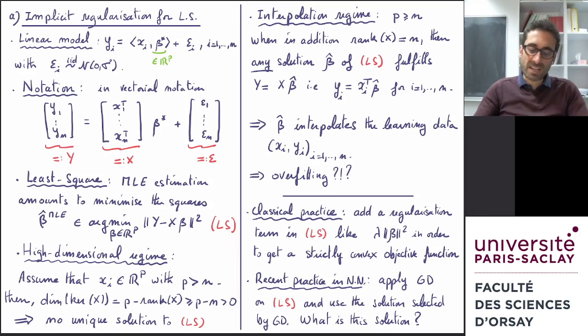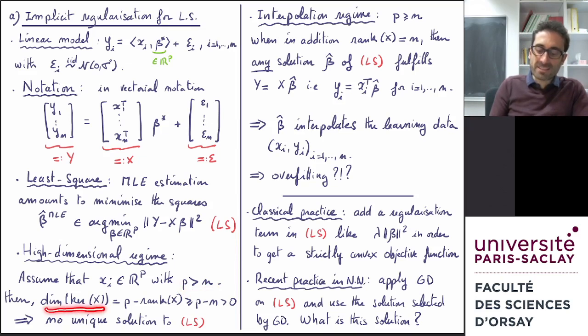If I am in the high-dimensional regime with a number of parameters p, which is the input dimension, larger than n, then if you look at the dimension of the kernel of X, it is equal to p minus the rank of X. Since the rank of X is always smaller than n and p, p minus the rank of X is always larger than p minus n, which is strictly positive.